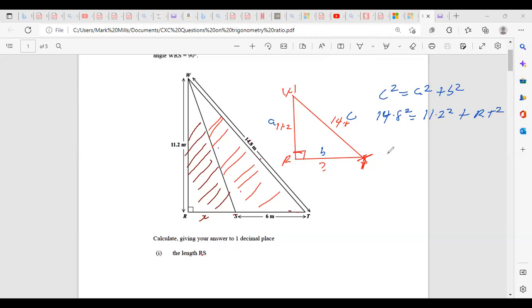Follow me through. What is 14.8 squared? Anybody can tell me?